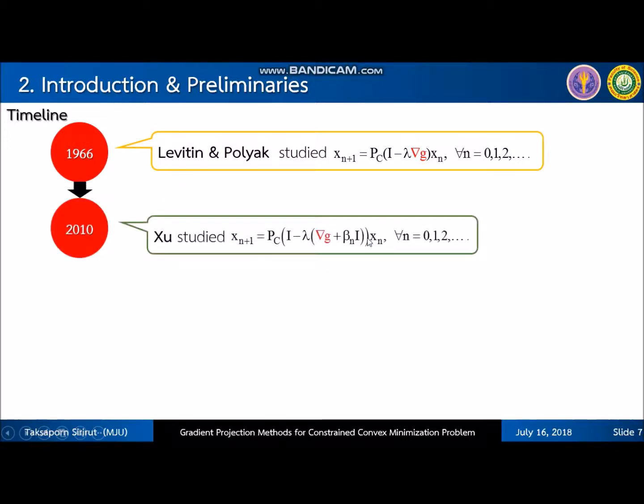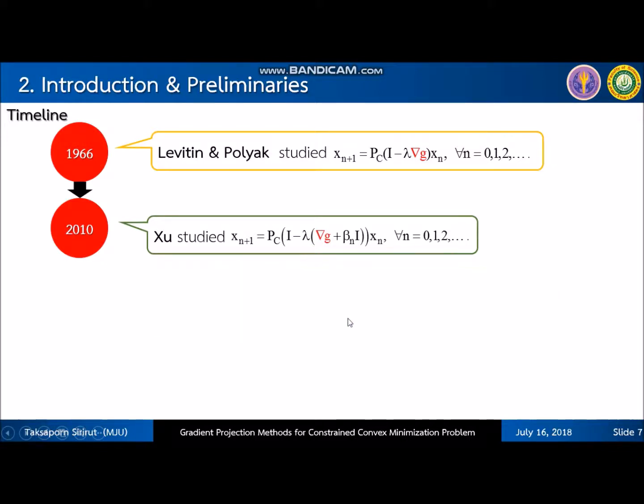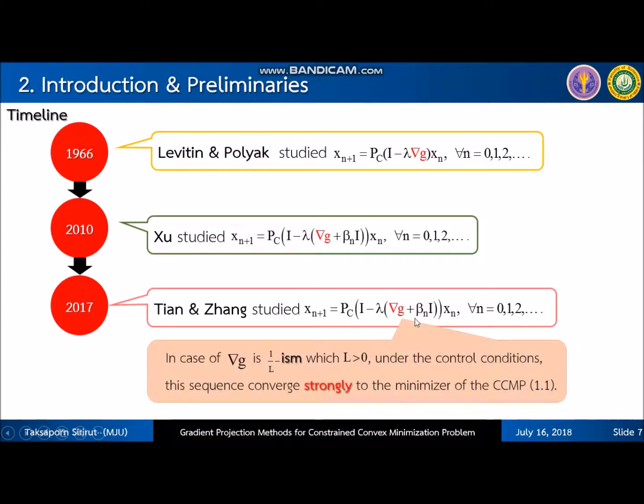Next, in 2010, Xu introduced this sequence. In the case where the gradient of g is 1 over L inverse strongly monotone, he proved that this sequence converges weakly, and it was not known whether this sequence may converge strongly or not. Until 2017, Tian and Cheng introduced this sequence, and they proved that this sequence converges strongly.